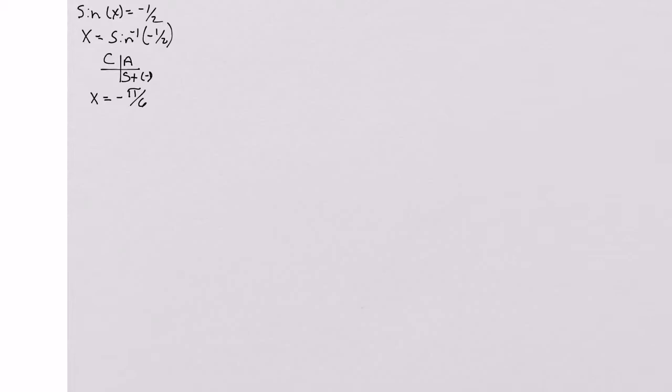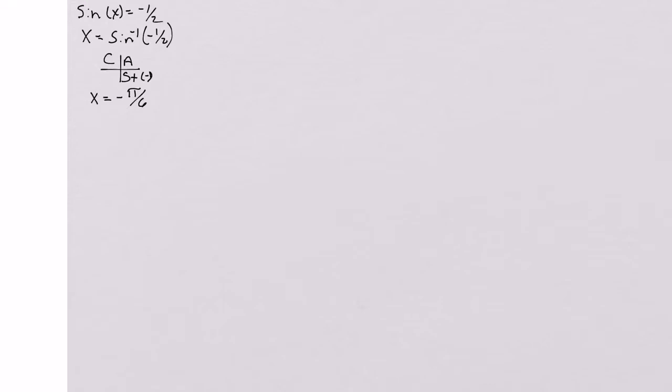Well, but -π/6, that's great. But unlike other math classes, once you get what x equals, we're not done here by any means. Because now we're going to have to use our reference angle to actually solve this problem. All right, so sine, arc sine, this is in quadrant 4.